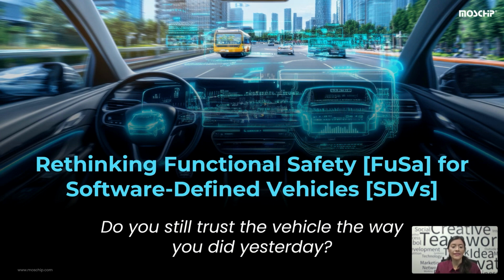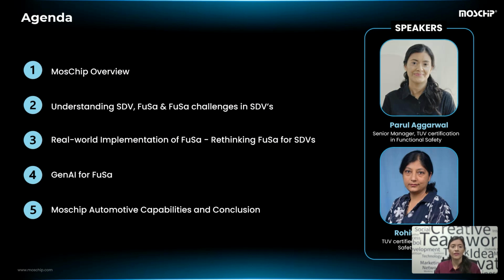With that thought in mind, let's jump into what we'll be covering today. We'll start by introducing MOSCHIP, then we'll take a fresh look at what is software defined vehicle, that is SDV, what is functional safety, that is FuSa. We will understand what challenges FuSa is facing with SDVs. Next, we will share some real world implementations and how we have addressed them, including a technical view of forward collision warning system.